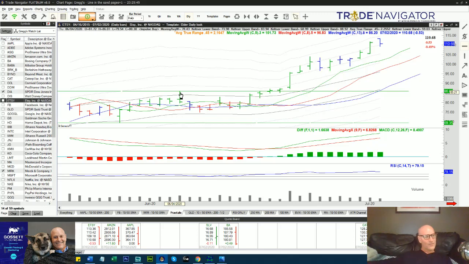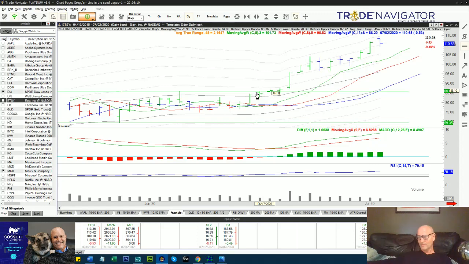Then the trigger point of the trade is in the future: does the price go up over that high? Here's the high, and you can go across, and yes, sure enough, back here on June 17th, this bar did go higher than here. So for Dr. Williams, that would be the trigger point.